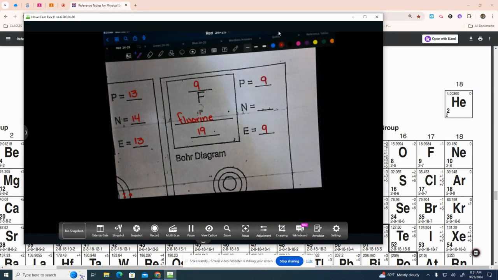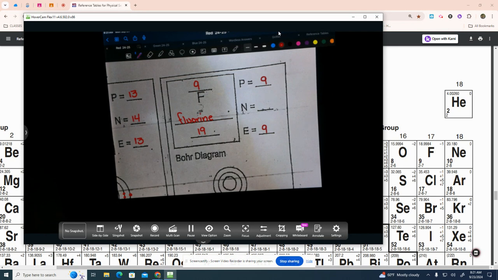How many neutrons? Cam, how many neutrons? You don't know? Somebody tell him how to figure out neutrons. Yep, so we're going to take the mass number. Do you know which one's the mass number? Cam, you know which one's the mass number?